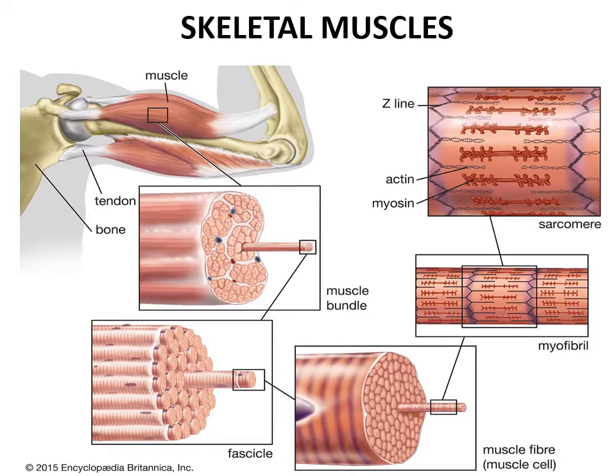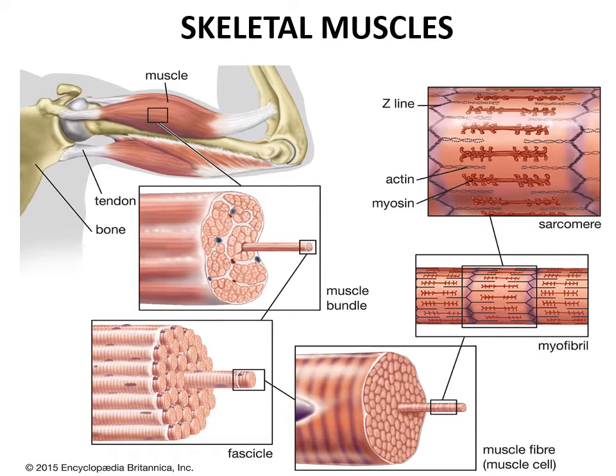Okay, so let's just do a bit of anatomy review on skeletal muscles, where you have the actin and myosin that are in between each other, and the actin attaches to the Z lines, and this is going to result in what we call a sarcomere. Okay, so that's a very small section of a muscle fiber.